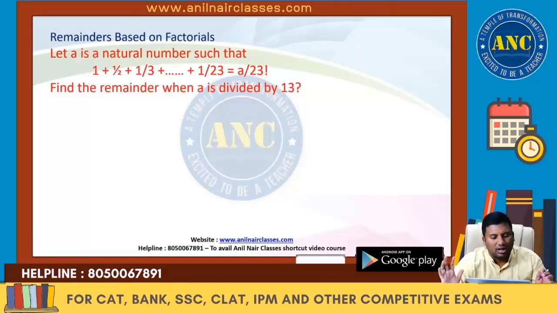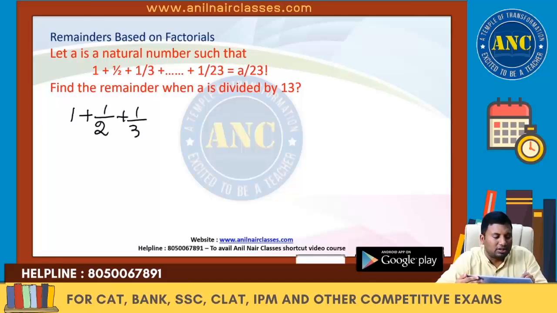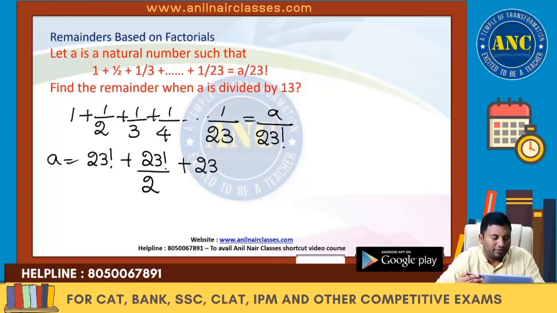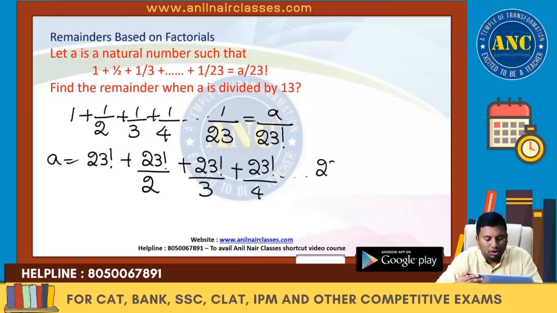One more question. There is a number 1 plus 1 by 2 plus 1 by 3 plus 1 by 4 and so on up to 1 by 23. It is a by 23 factorial. So a will become 23 factorial plus 23 factorial by 2 plus 23 factorial by 3 plus 23 factorial by 4 and so on up to 23 factorial by 23.